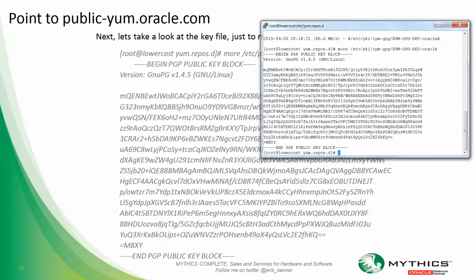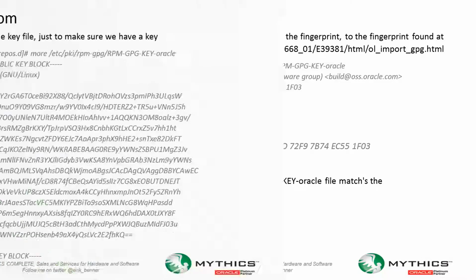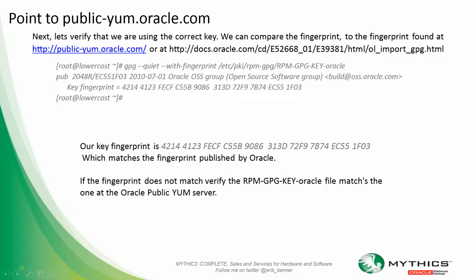Obviously, we now have a key file, and it looks like what I would expect a key file to look like. I haven't memorized this one, so it doesn't tell me for sure that it's the legitimate key file. So the next thing we're going to do is run a utility that lets us analyze the key file and compare a fingerprint from the key file we downloaded to a fingerprint that Oracle has published for their file.